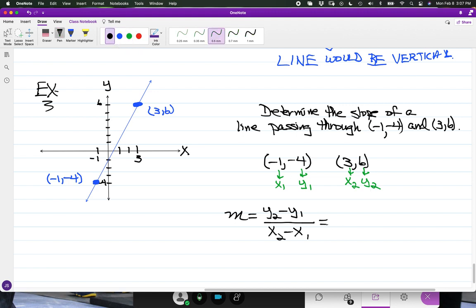And so just filling in. For y₂ minus y₁, your y₂ is 6, minus y₁, so we had the subtraction of -4. And all over x₂ minus x₁, so your x₂ we have at 3, then minus x₁, so we have subtraction of -1.